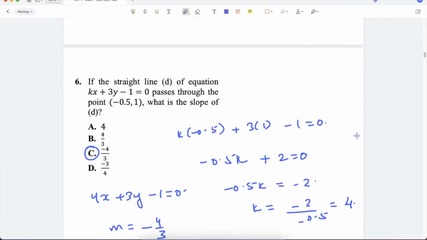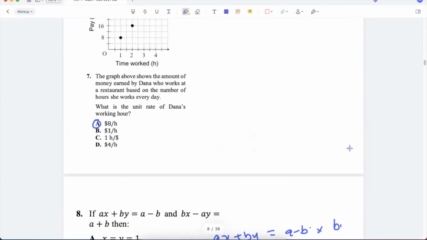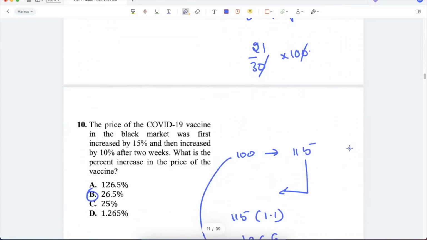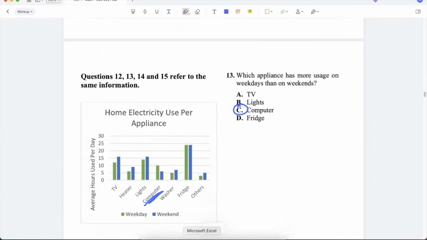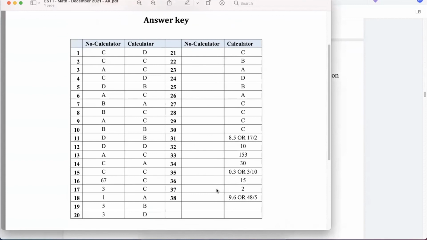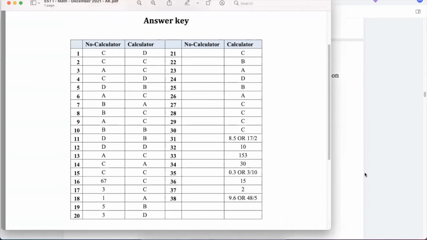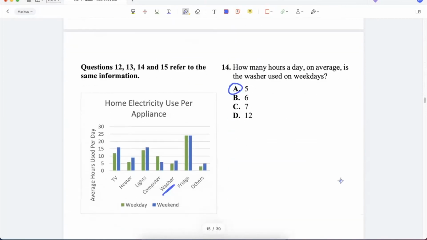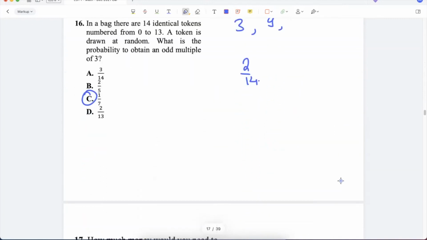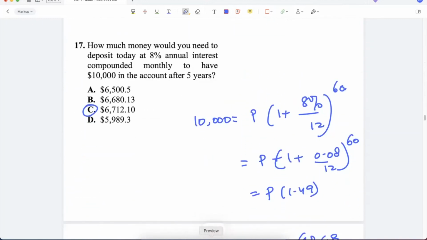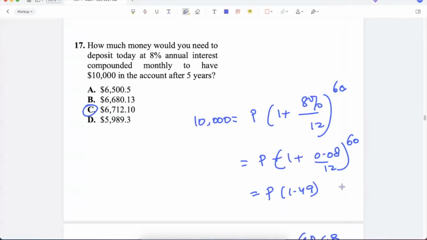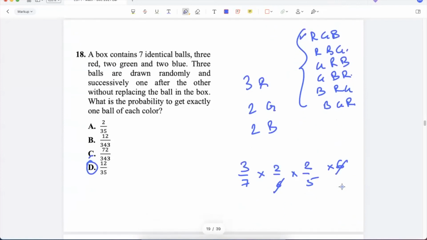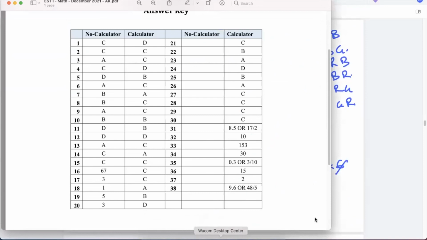A, C, C, B, D, A, C, C, B, D, number 13. C, A, C, C, C, C, A, C, C, C, C, 18. A, B, D, C, B. 18 is, one second. Yeah, 18 is A.